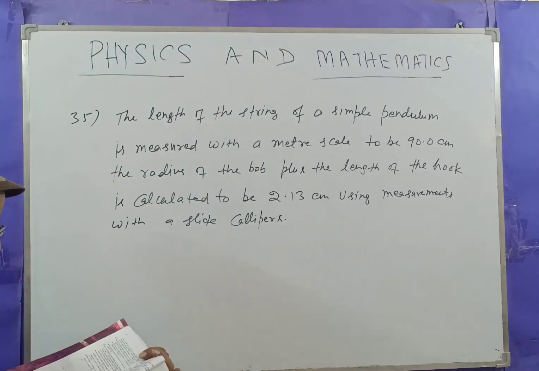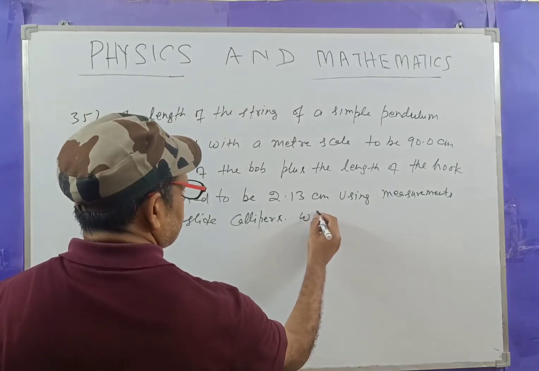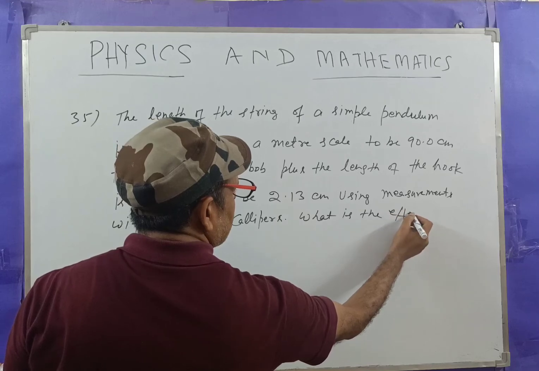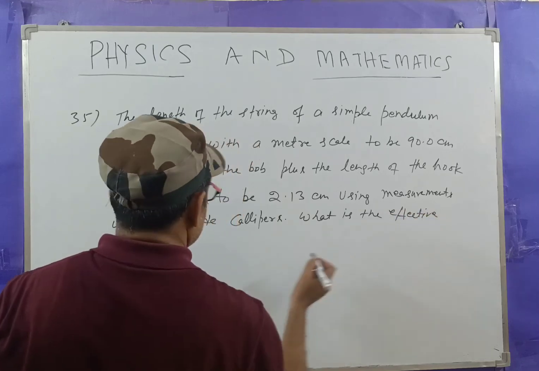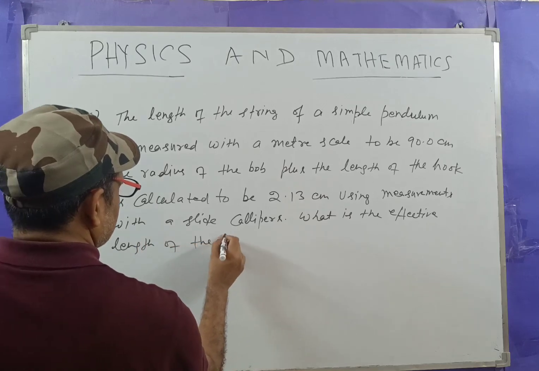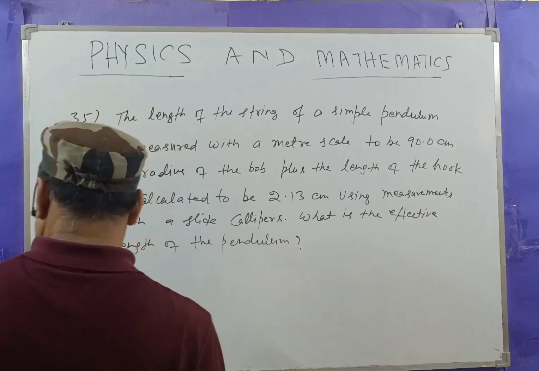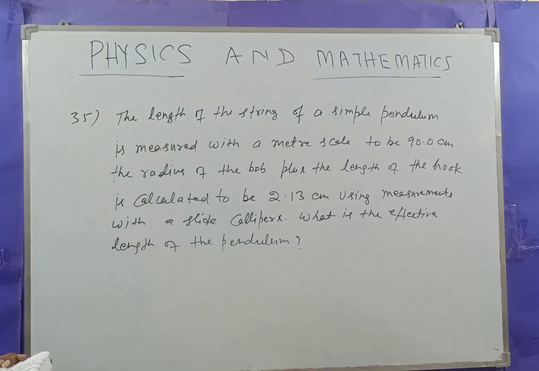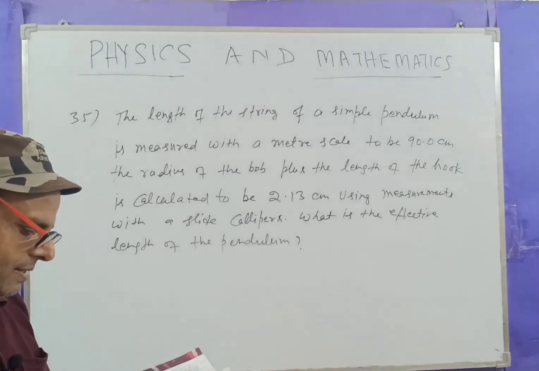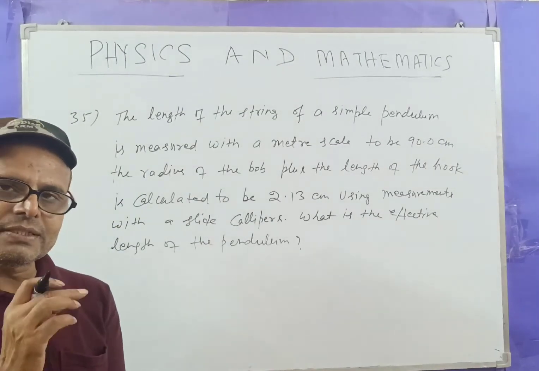What is the effective length of the pendulum? The effective length is defined as the distance between the point of suspension and the center of the bob. It is written in the question.